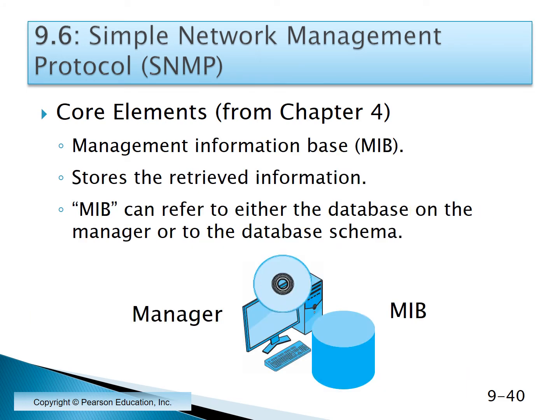As we said, the manager will store all the information about the devices in a management information database. We call it the MIB. It stores the retrieved information. MIB can refer to either the database on the manager or sometimes to the database schema.